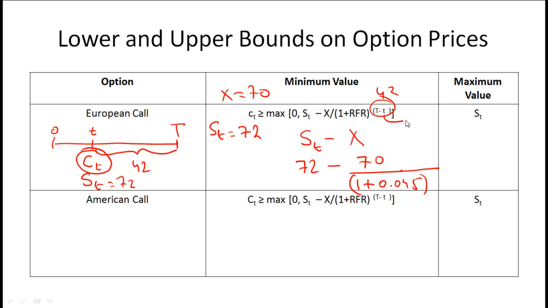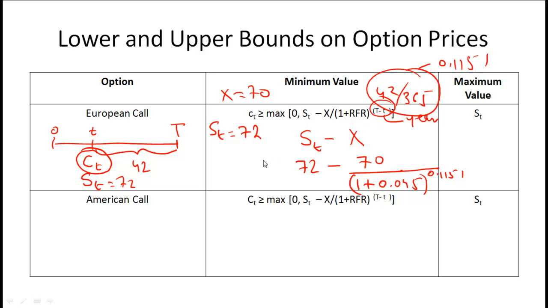Now this is expressed in years, so this will really be 42 divided by 365, and that is equal to 0.1151. So essentially we then raise this to the power of 0.1151. So it looks complicated, but is fairly simple.